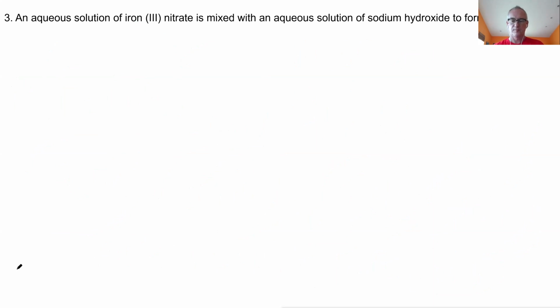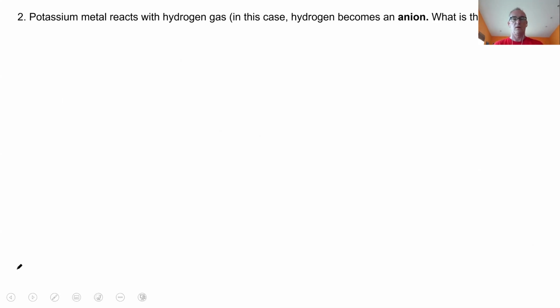Can you quickly go over number 2? Oh, go back? Yeah, just so we could know what the product state is. Oh, okay. So potassium metal, how do we write that?